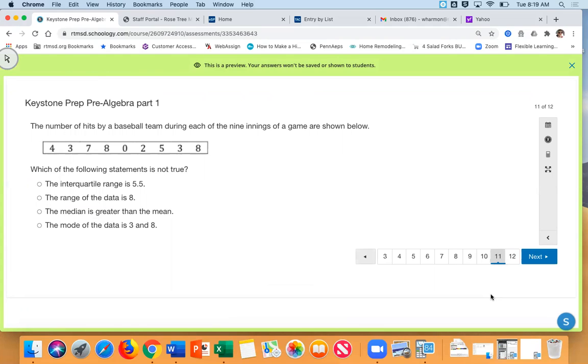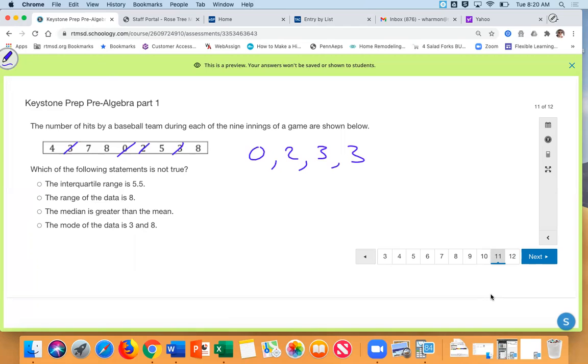The only thing I need to do in order to figure these out is order them from least to greatest. So the smallest number is 0. You cross that off. Then the next is 2, 3, 3. This is for the bottom 3: range, median, and mode, because I need to do the same thing for all 3 of those.